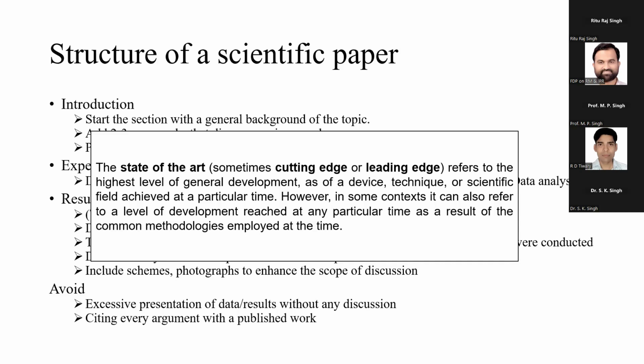So the state of the art means you always refer to current papers from good journals. If you want to work on some particular topic and you are reading a paper from 2000, and today it is 2023, think that from 2000 to 2023 many extensions of that problem and solution have already come. So you are missing that.